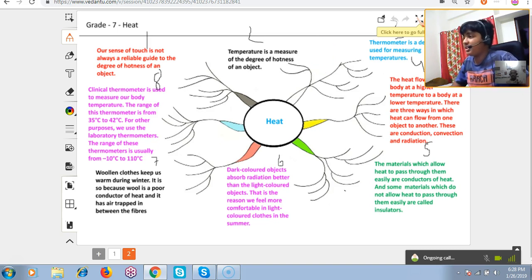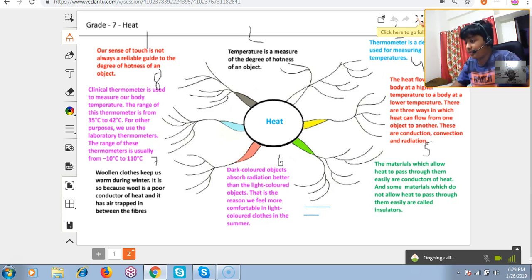Now the fifth point: the materials which allow heat to pass through them easily are called conductors of heat. And some materials which do not allow heat to pass through them are called insulators. There are many objects, such as wood, and metal. This is a metal rod, for instance.